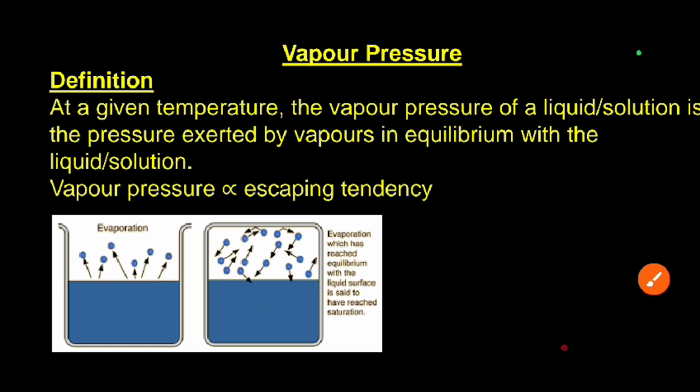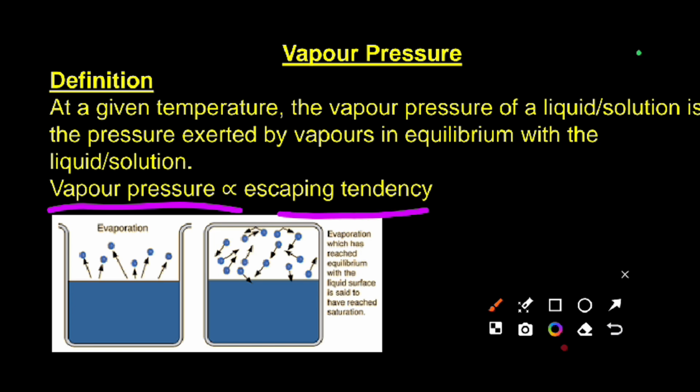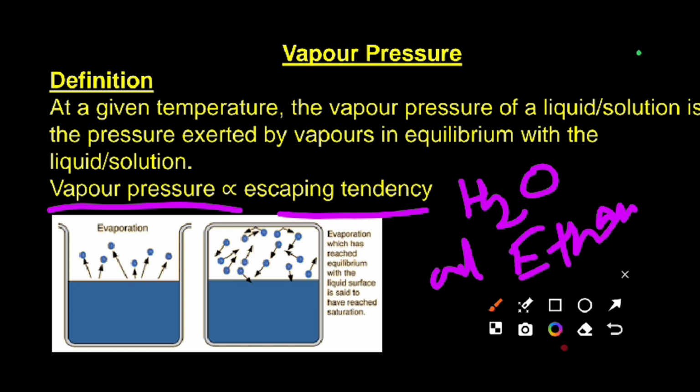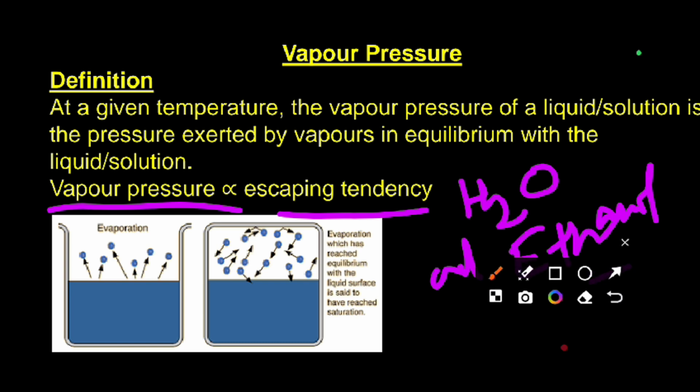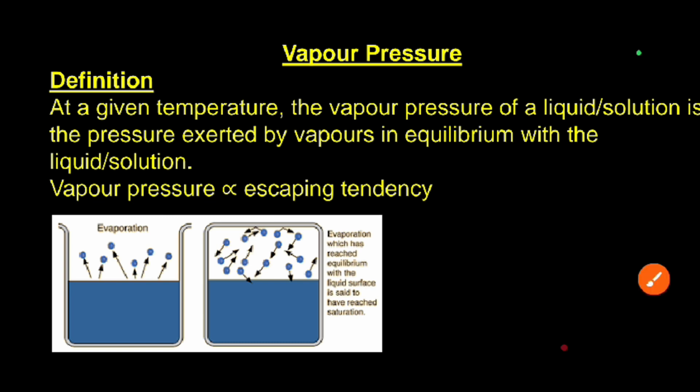So we can say vapor pressure is directly proportional to escaping tendency. One more example you can tell very easily. Suppose we have taken water and ethanol. You all know very well about ethanol, we use it for drinking purposes also, and it has a strong tendency to escape as compared to water.